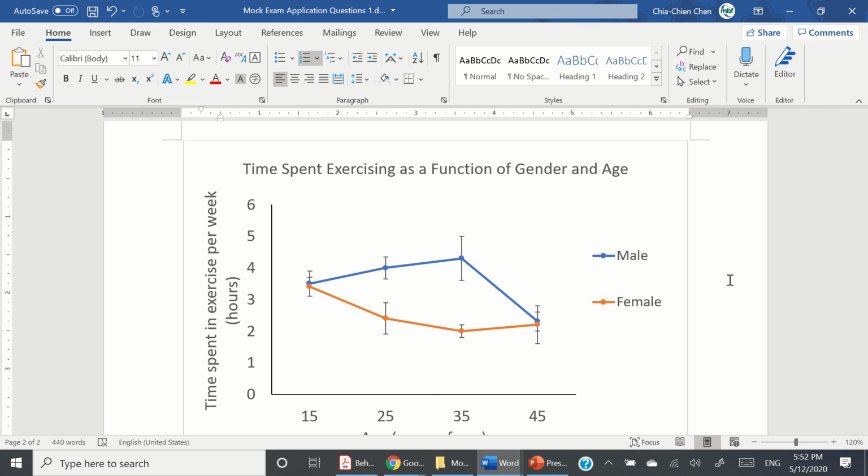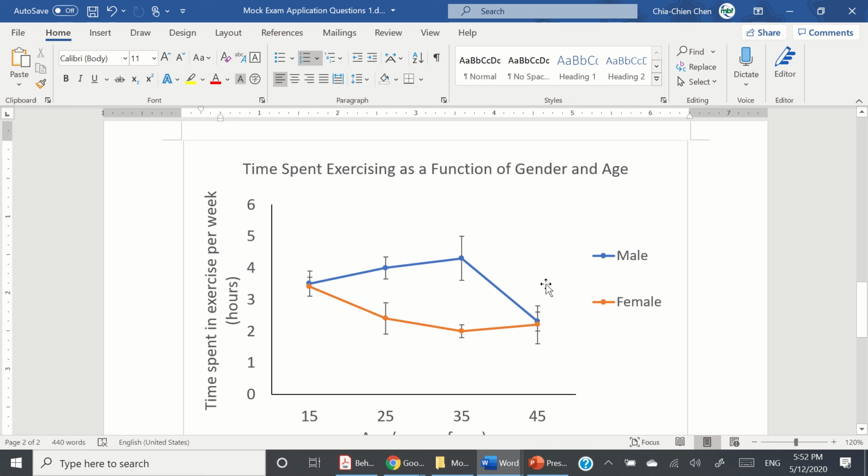We found that males versus females spend different amounts of time overall exercising, in which males in general spend more time than females.